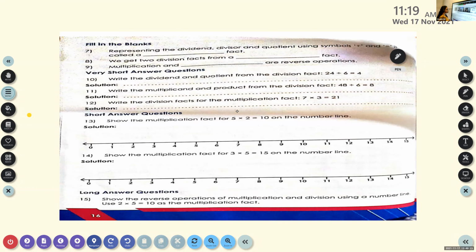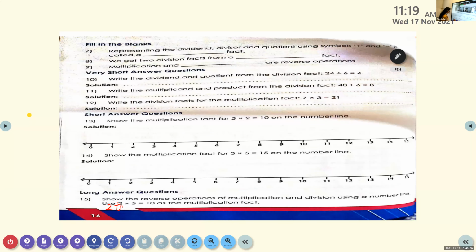2 into 5 is equal to 10 means it is 2 times 5, isn't it? Yes or no? We did it yesterday, day before yesterday. 2 times 5 is 10.